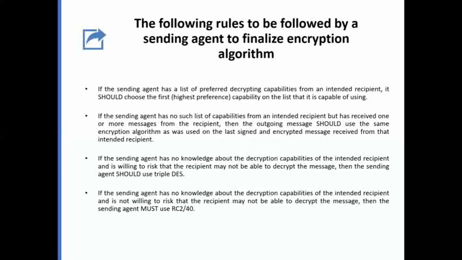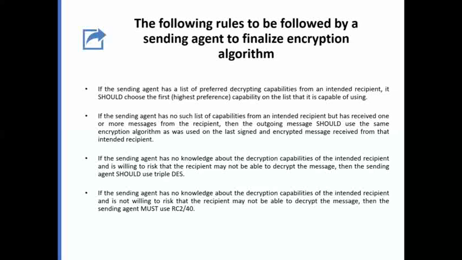The receiver used an encryption algorithm for those messages when sending data to the sender. Whatever encryption algorithm was used at the receiver, the sender will take that same algorithm for encrypting the data. He will finalize the encryption algorithm based on the messages sent by the receiver.